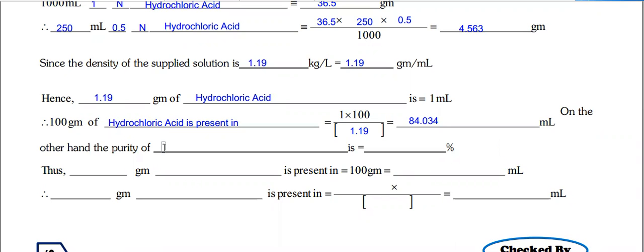And the purity of the hydrochloric acid was given as 37%.